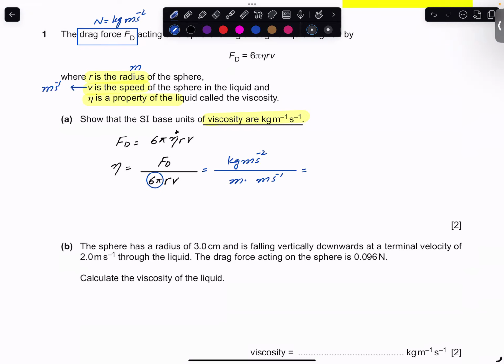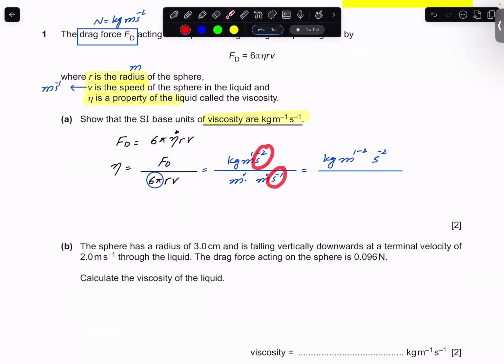So here is some mathematics. Kilogram will remain as it is, m power 1. So this m and this m from the denominator, having power 2, when shifted to the numerator, it will be power minus 2. S power minus 2 is already mentioned here.